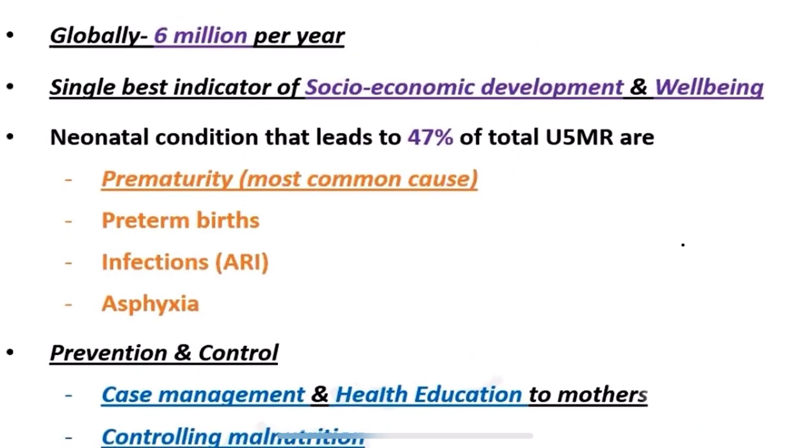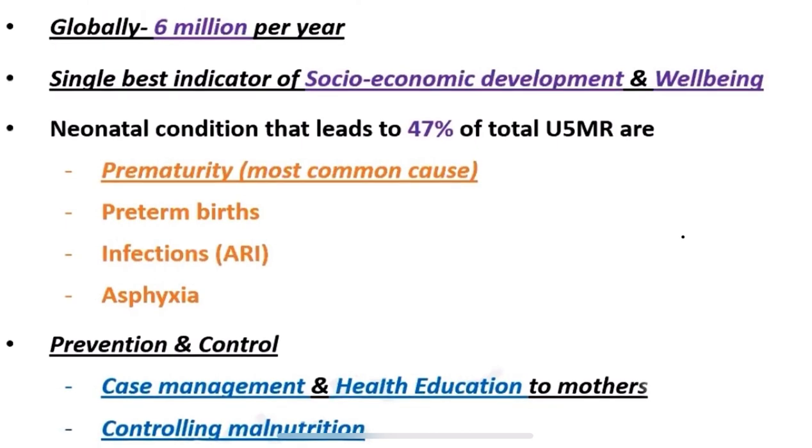Now, before going to the prevention and control, I would also like to tell you some of the other causes globally. The integrated management of childhood illnesses, that is IMCI, addresses the most principal causes of child mortality.